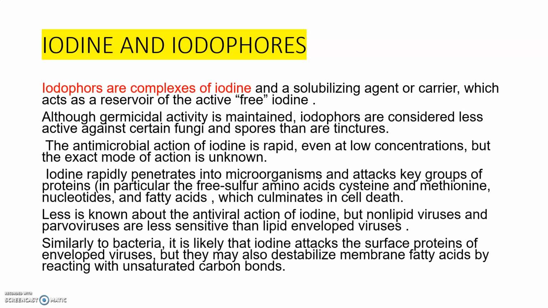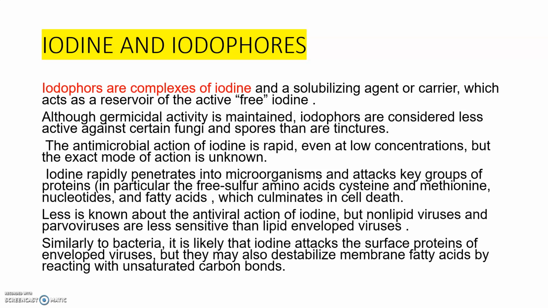These iodophores are complexes of iodine and a solubilizing agent or carrier, and act as a reservoir of active free iodine. Although germicidal activity is maintained, they are considered less active against fungi and spores than tinctures. Tinctures means an alcoholic solution, as I mentioned earlier. So they have less germicidal activity compared to tinctures.